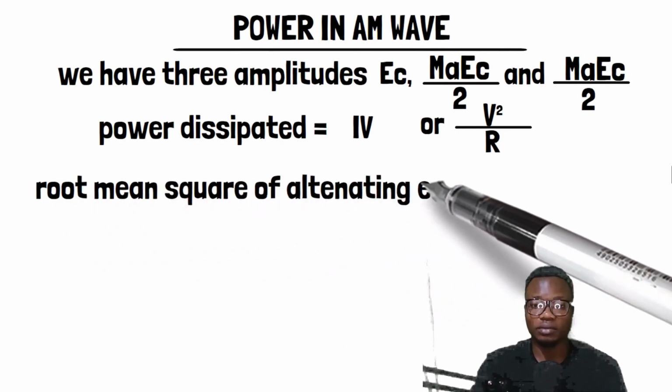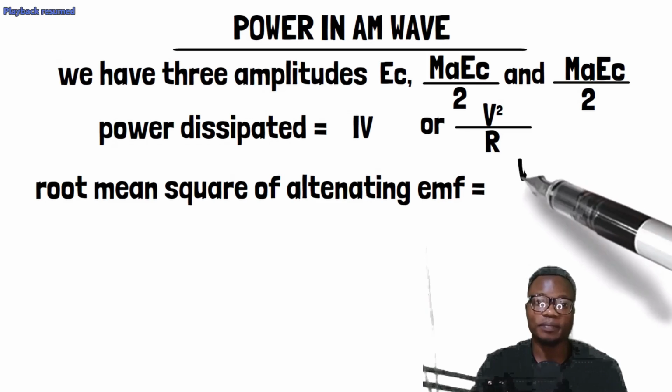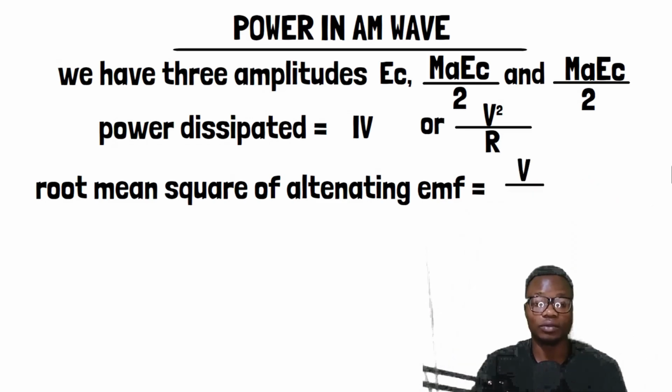So root mean squared value of alternating EM wave. This is another formula found in alternating current. There is a subtopic called alternating current. So we say root mean squared value of alternating EM wave equals V over square root of 2.